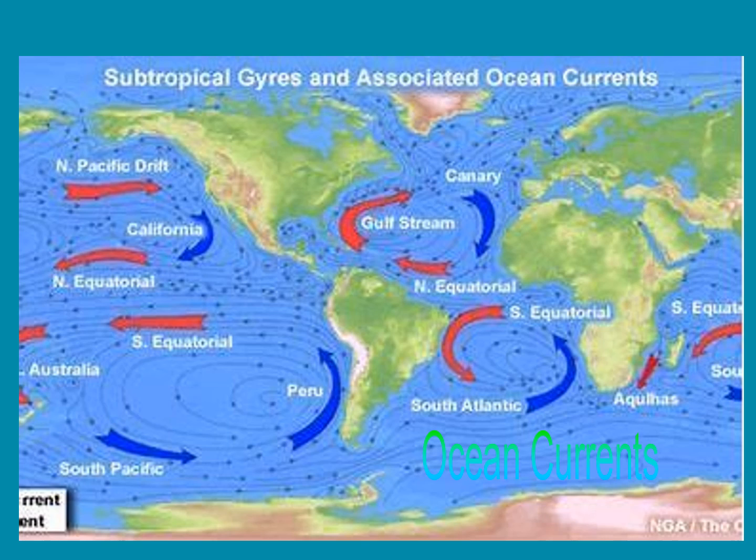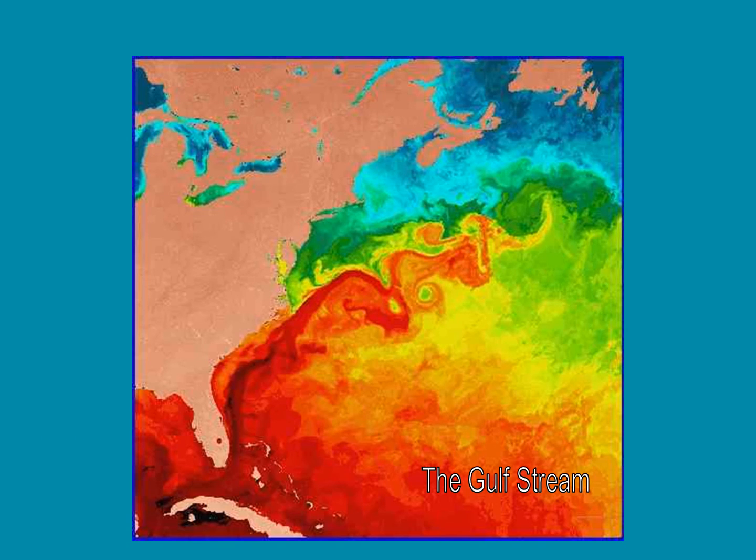So the Canary is going to bring in a cooler climate, but the Gulf Stream is going to bring in a warmer climate. The California current is going to be cooler, where the North Equatorial is going to be warmer. All right, so here we see the Gulf Stream, which is a warm current, and that's going to moderate the temperature right here on our east coast.